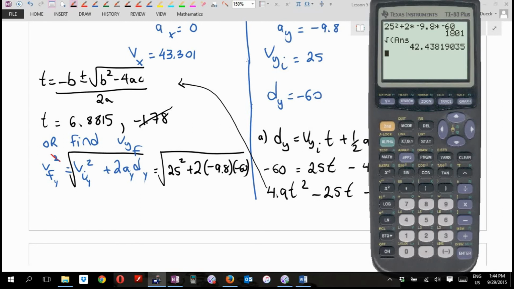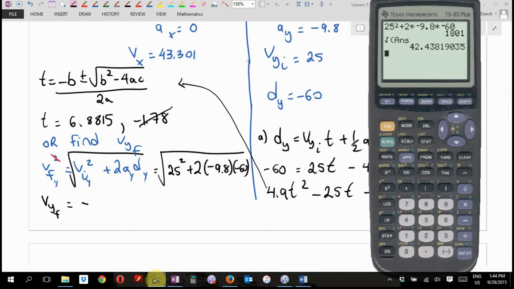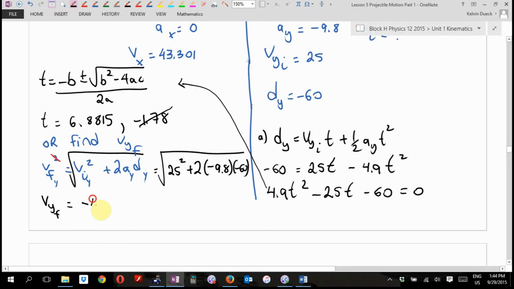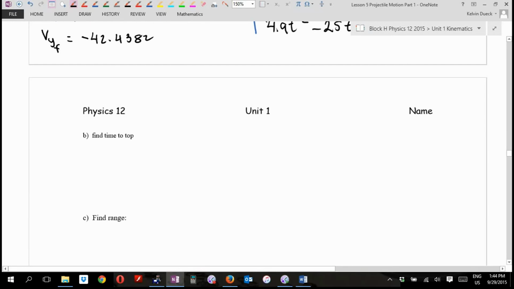Now, if it does that, then I can say Vy final equals negative 42.4382. I'm going to go like this, and I'm going to say still continued over here. Okay?